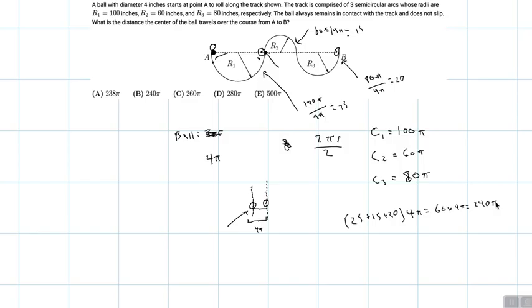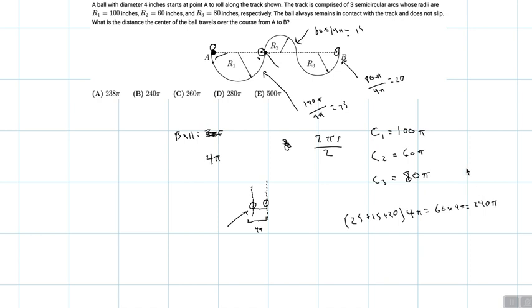I really just think there's something about the ball's diameter. It's something about the center of the ball.